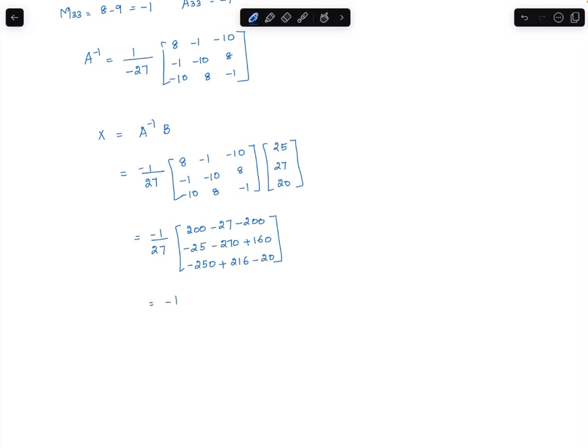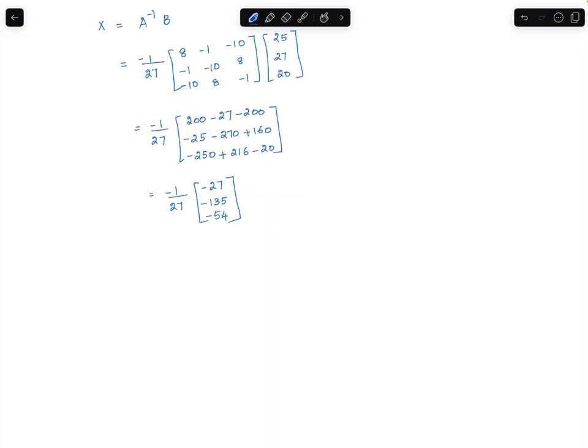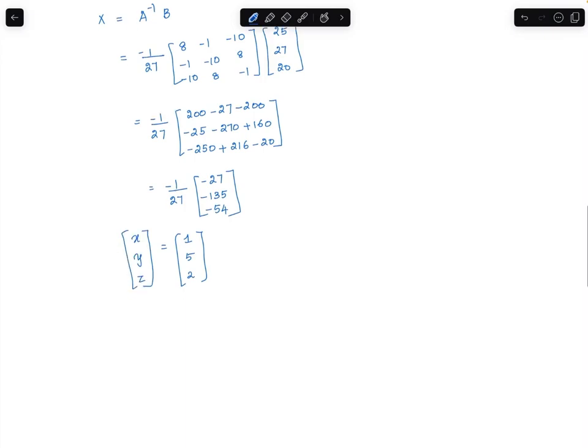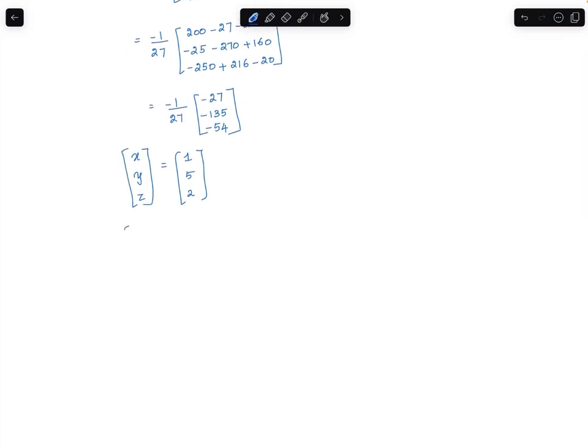which is equal to minus 1 by 27 times minus 27, minus 135, minus 54, which is equal to 1, 5 and 2. That is, x is equal to 1, y is equal to 5, z is equal to 2.